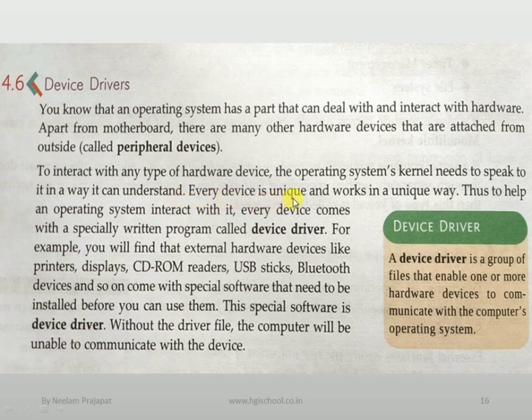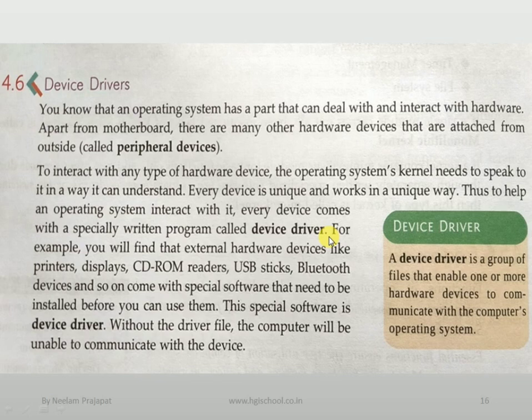Every device is unique. You know very well all the devices are unique and work in a very unique way. Thus, to help the operating system interact with that particular device, every device comes with a specially written program called a device driver.